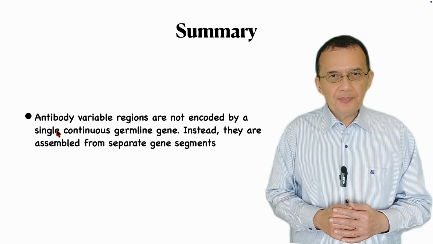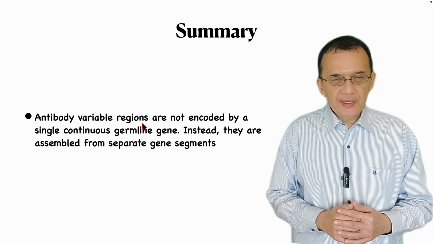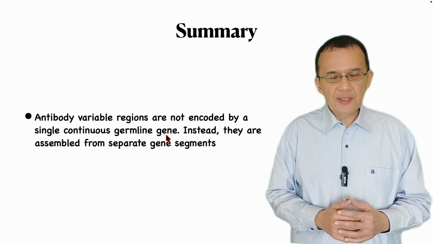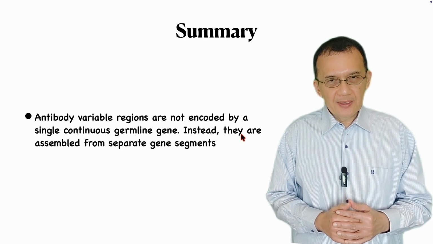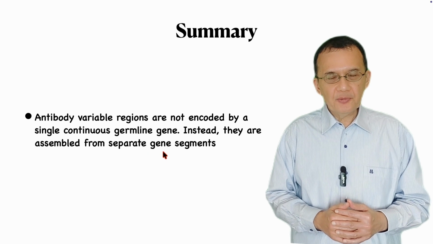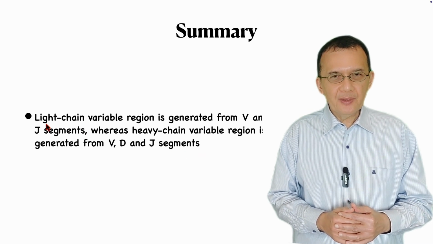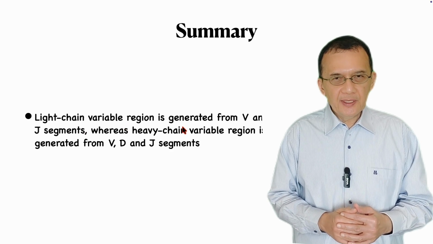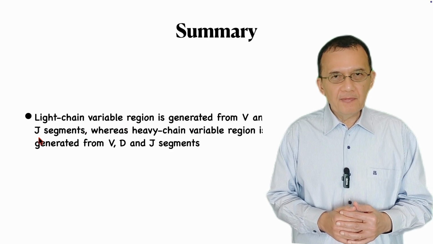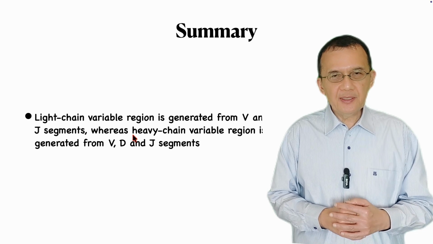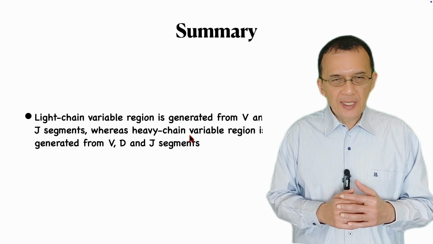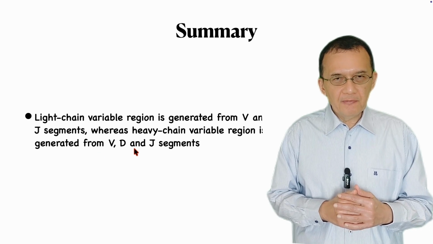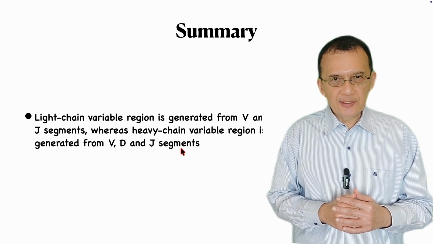In summary, first, the antibody variable regions are not encoded by a single continuous germline gene. Instead, they are assembled from separate gene segments. Second, the light chain variable region is generated from V and J gene segments, whereas the heavy chain variable region is generated from V, D, and J gene segments.